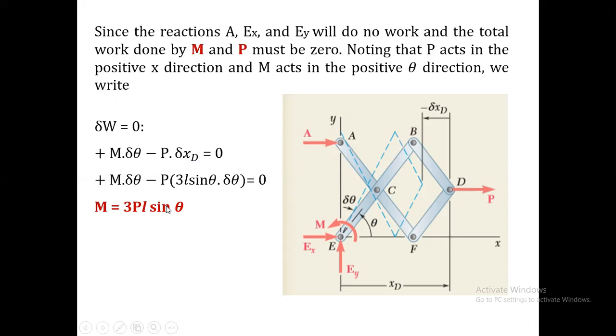So this was what was required: the amount of couple you have to apply in order to keep this system in equilibrium under the action of force P. This is very important in the principle of virtual work, that we evaluate the work done due to each individual force and then take their algebraic sum and equate it to 0, since there is no additional work, because no displacement has actually taken place.